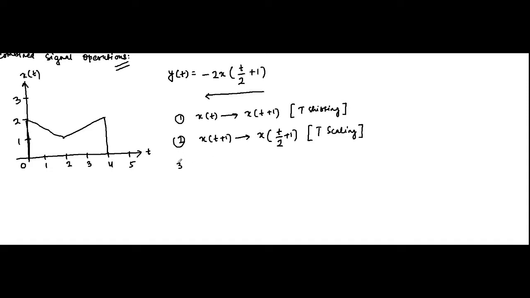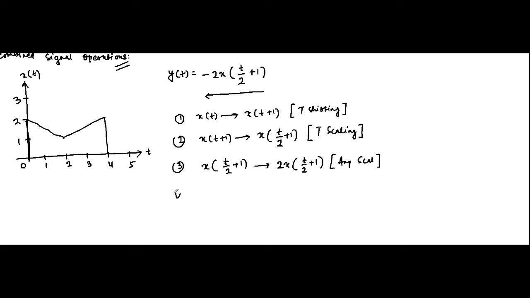And then the third step is performing amplitude scaling on the time scaled signal to get 2x(t/2 + 1). This is amplitude scaling.